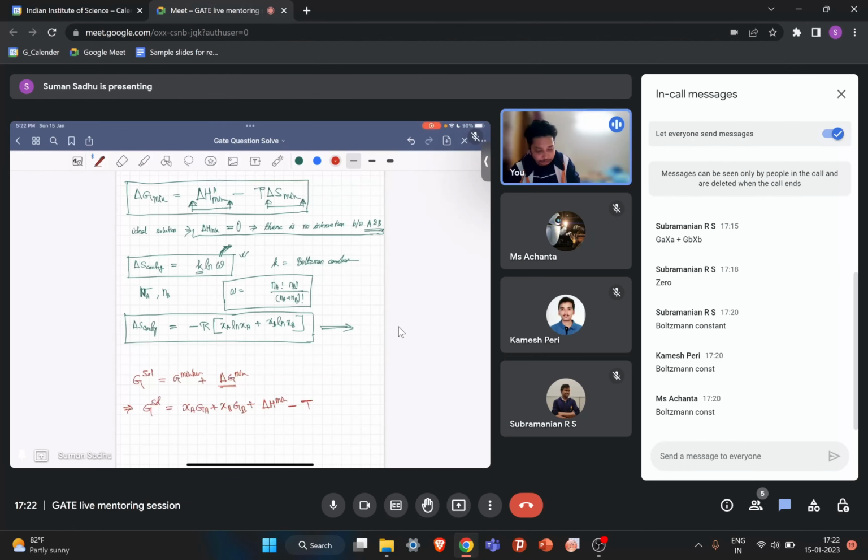Delta S configurational is basically your delta S mixing, so it will be plus RT (x_A ln x_A plus x_B ln x_B). This is the equation for the G of solution.